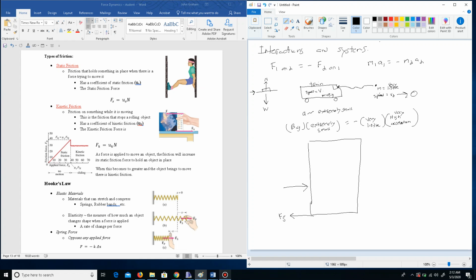Apply a little bit more, friction applies a little bit more back. Until it gets to the point where we've applied so much force that the static friction can't apply anymore. Then this is when the dresser starts to move, and it drops down to kinetic friction. And as we move this dresser, kinetic friction is slowing it down so it doesn't go shooting across, but it stays constant. And that's when the object starts to slide. And then when we come to a stop by getting tired, we'll back down to 0 again.